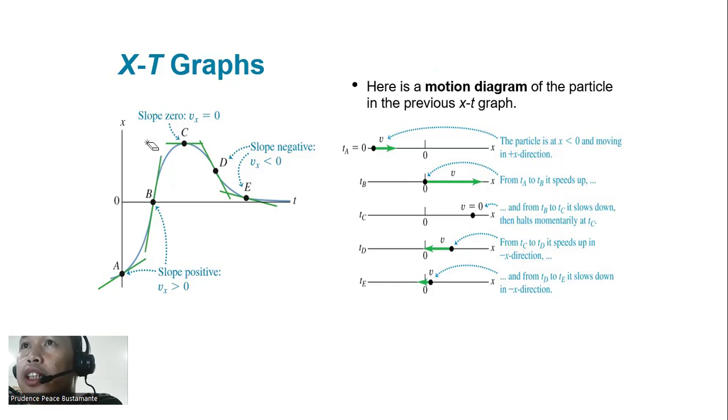If the slope looks like this, your instantaneous velocity is zero. If this is the case, it means negative. So later on, you will know that you can also determine the acceleration using the xt graphs.